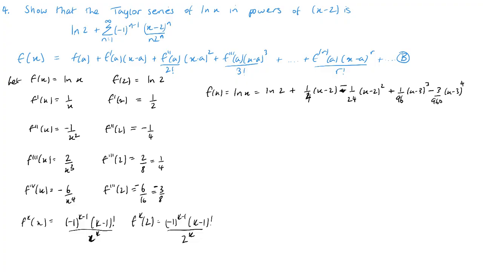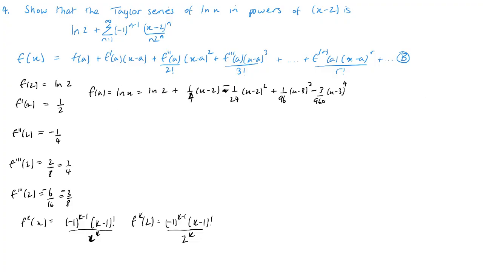But let me just make a little bit of space, and let's add on my bottom one. So it's minus 1 to the n minus 1, n minus 1 factorial over 2 to the power n. Now this is going to be times by x minus 2 to the power n over n factorial. Okay, so this bit and this bit then is multiplied onto this.